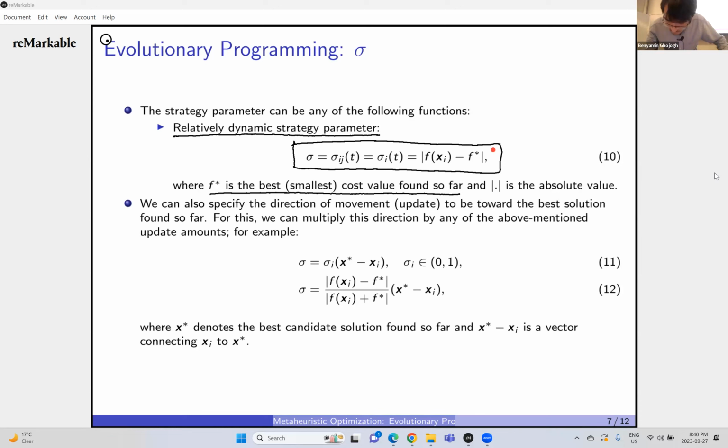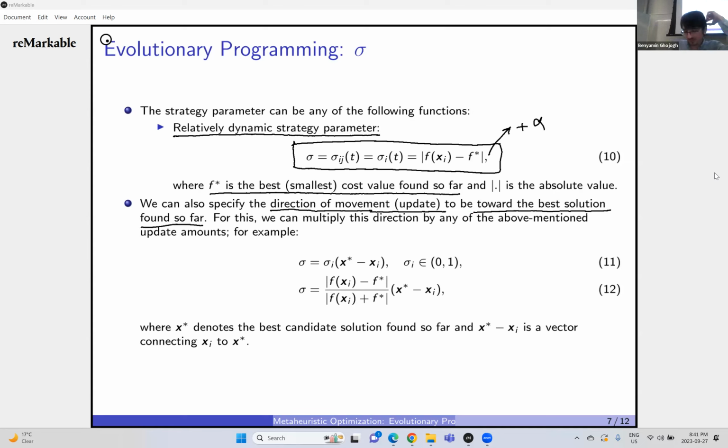Or I can add some alpha 2. Then it means that for the best candidate solution, I want to jump only alpha value, where alpha is a small number. We can also specify the direction of movement or update to be toward the best solution found so far, right?